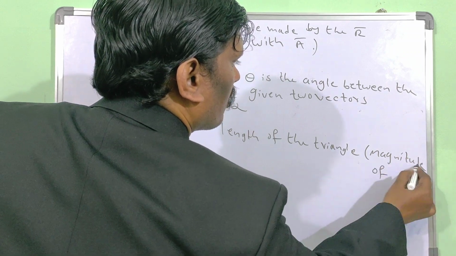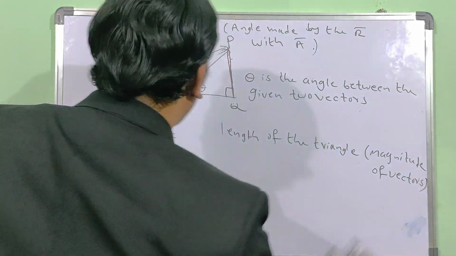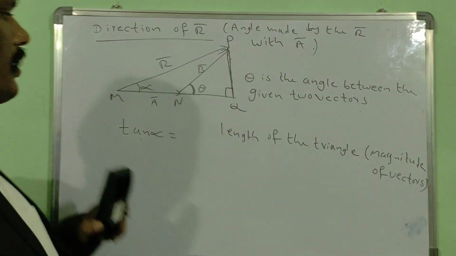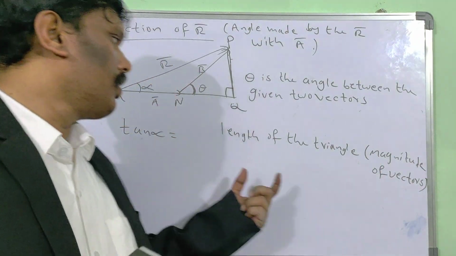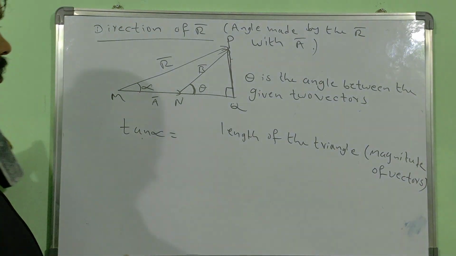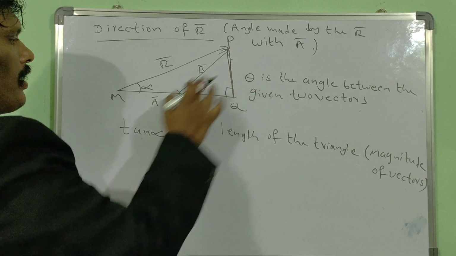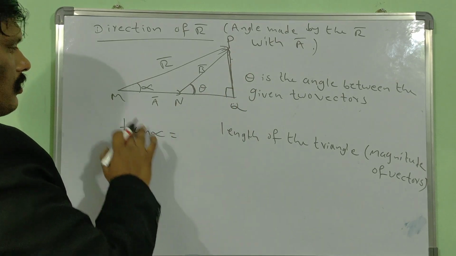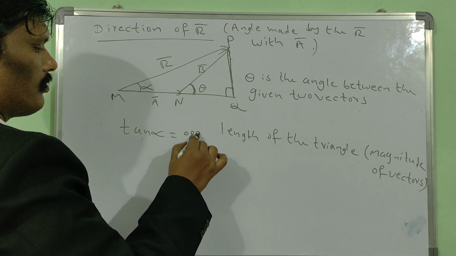To calculate direction also, we consider magnitudes of vectors only, because tan alpha is a trigonometric ratio. Tan alpha means opposite side by adjacent side.